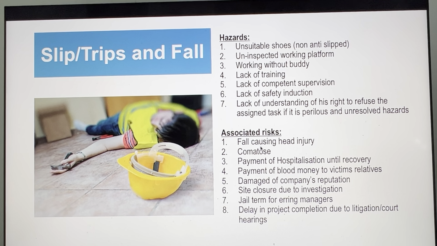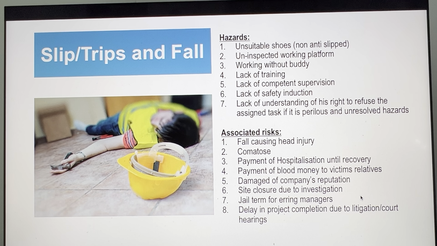So you have here fall causing head injury, comatose, payment of hospitalization until recovery, payment of blood money to victims' relatives, damage of company's reputation on the part of the employer, site closure due to investigation.